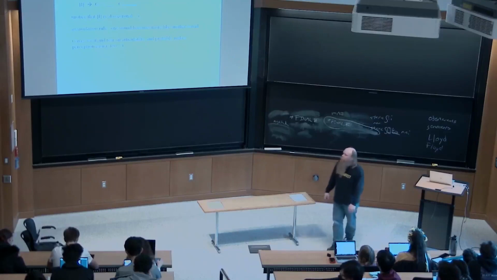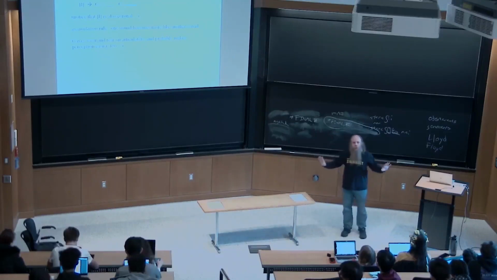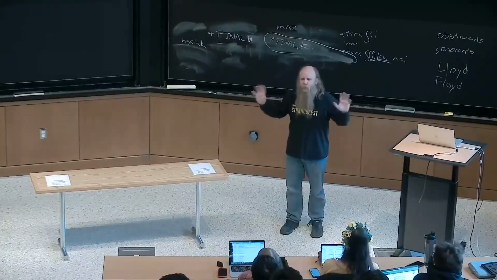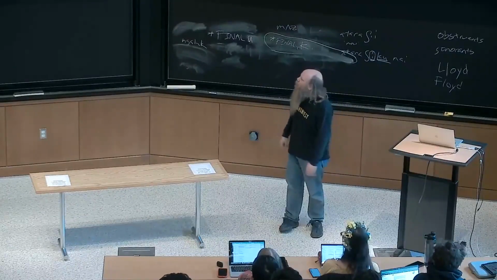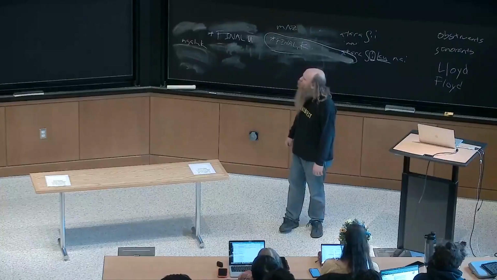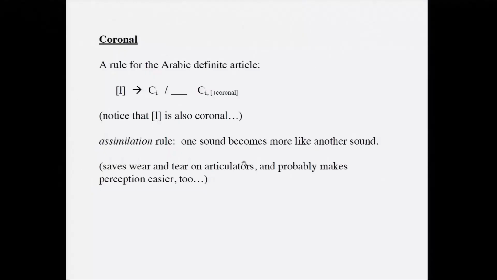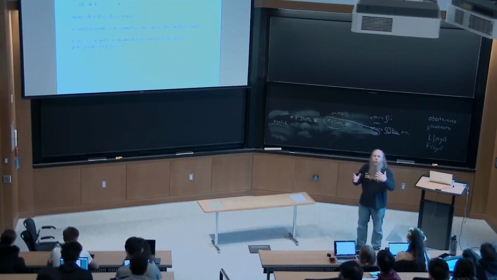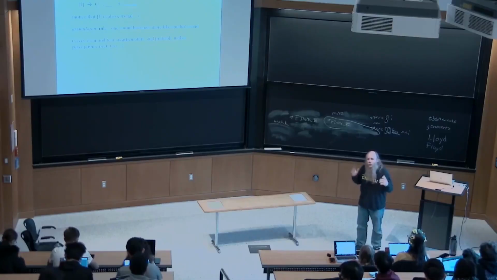Why do assimilation? Languages do assimilation all the time, and it's not hard to have pre-theoretical notions about why. You're saving wear and tear on your articulators, your tongue, your lips, your velum, so they don't have to do as much moving around. Things don't move as far, or don't move at all.